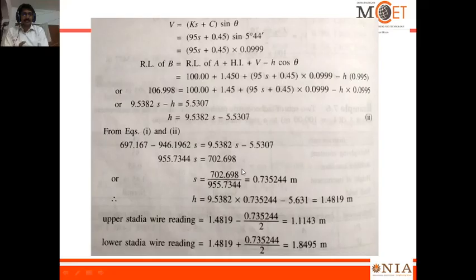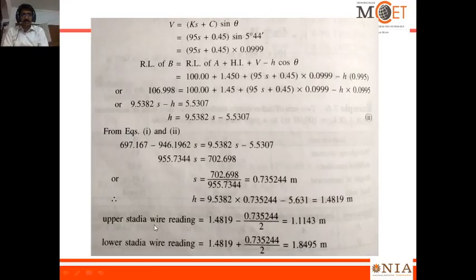staff intercept value 0.735244. Therefore H, if you substitute in either equation 1 or 2, you will get the value of H is equal to 1.4819. So H becomes the middle reading, right? Now we require the top and the bottom.